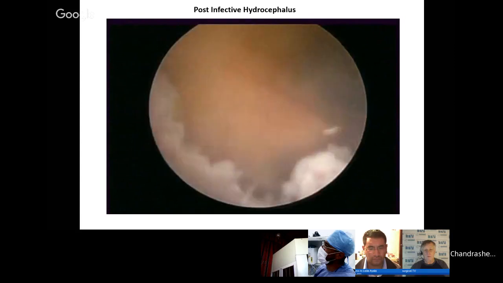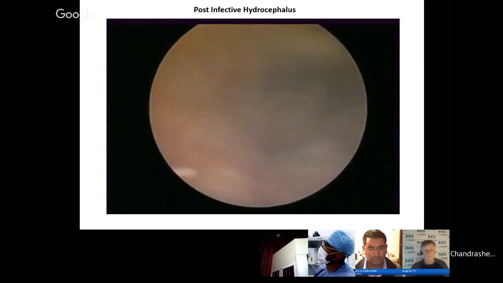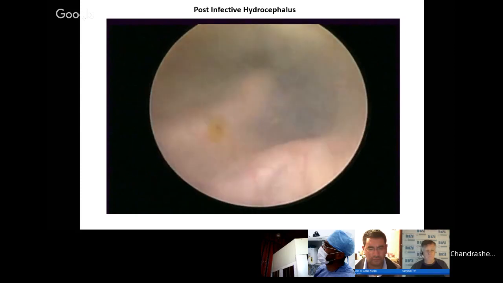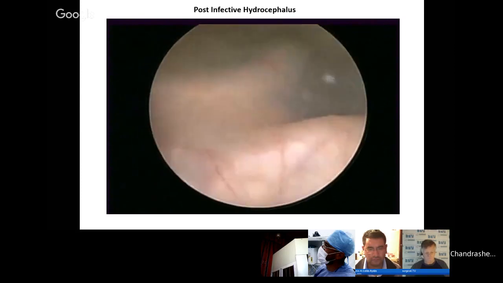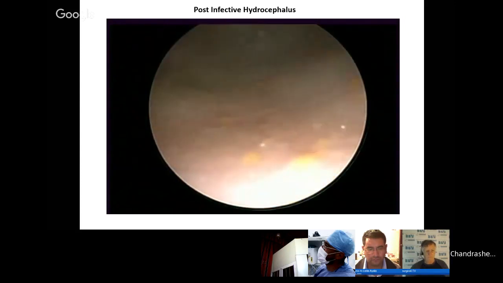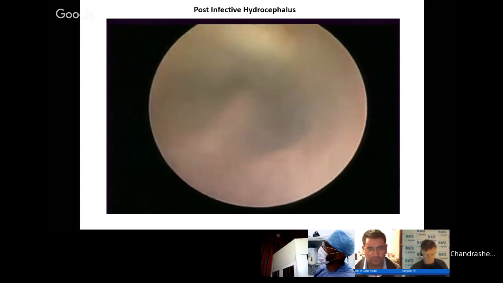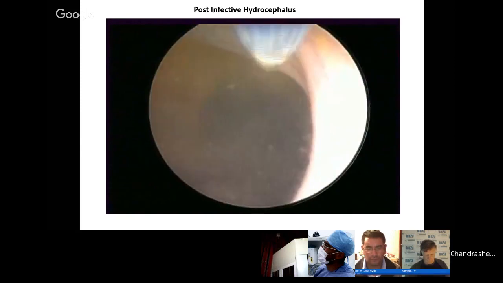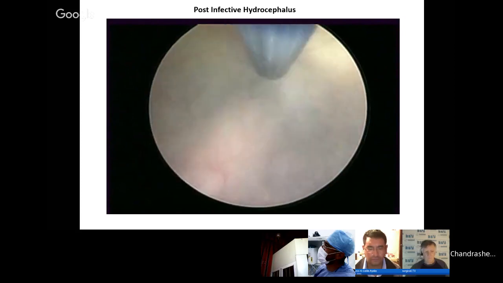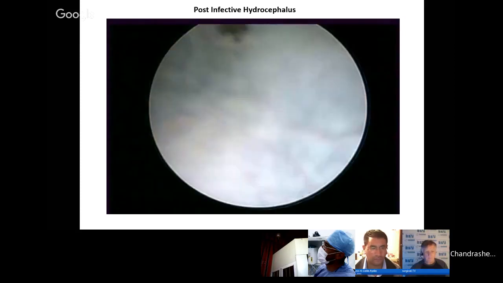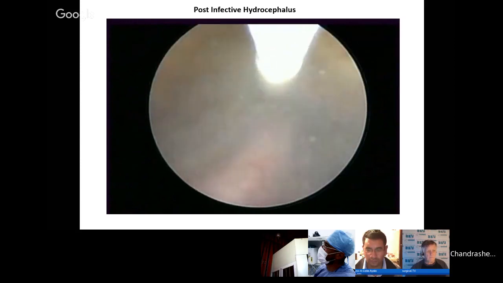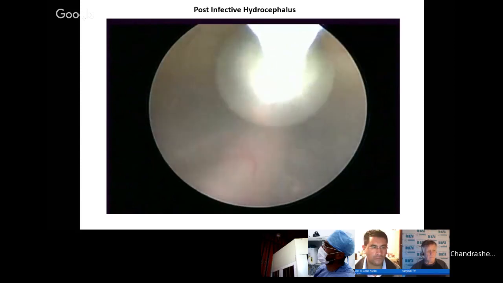And then after following the choroid plexus, making sure I am at the correct place, I am entering the third ventricular floor, and you can see that the third ventricular floor has small ependymal tuberculosis, and then I'm actually trying to see where is the opening, and you can see from the basilar pulsations that you are in the correct place, and I'm now trying to open this space.